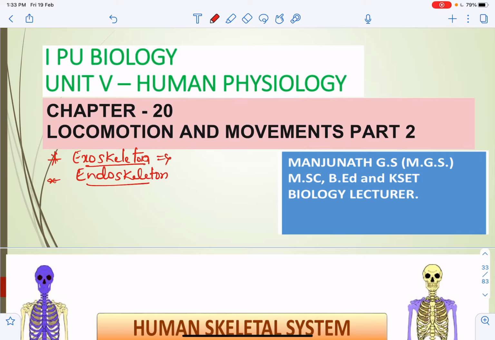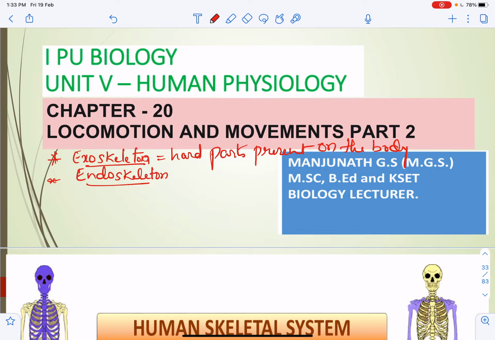The exoskeleton sometimes consists of hard parts present on the surface of the body. So exoskeleton means hard parts present externally on the surface of the body.